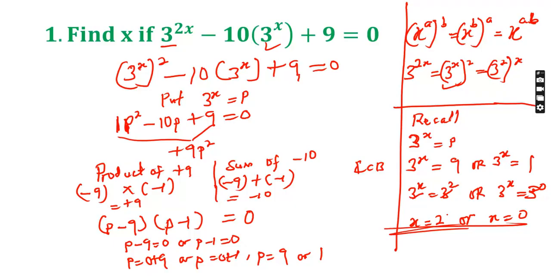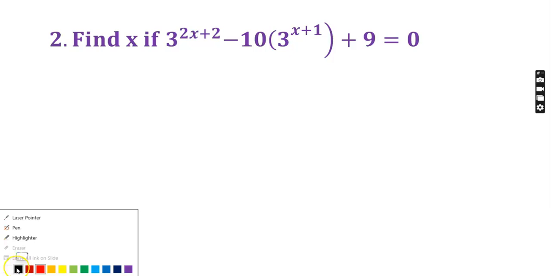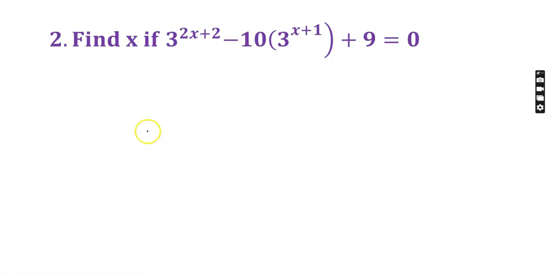So let's look at another question so I can understand better. Question number 2. How do we solve this? This is very simple. Let me give you a background law here.